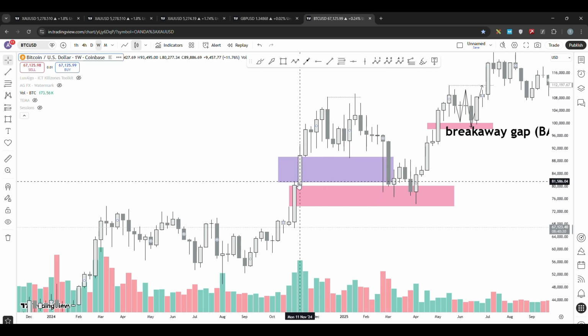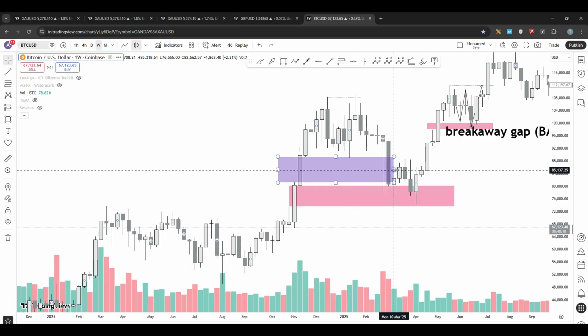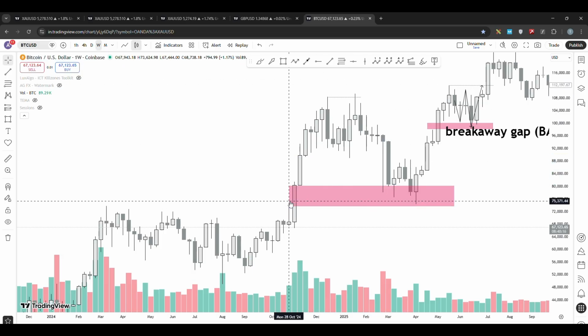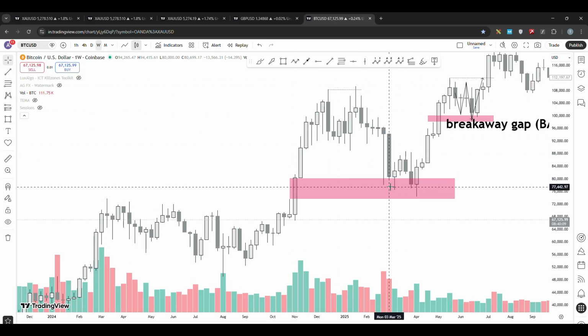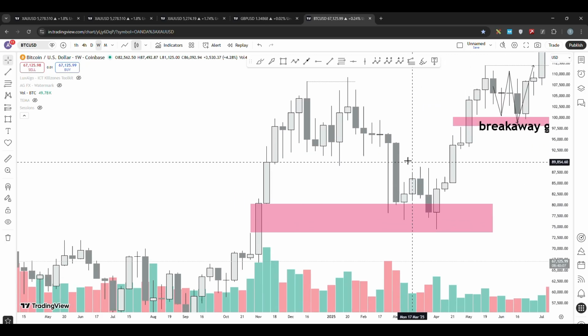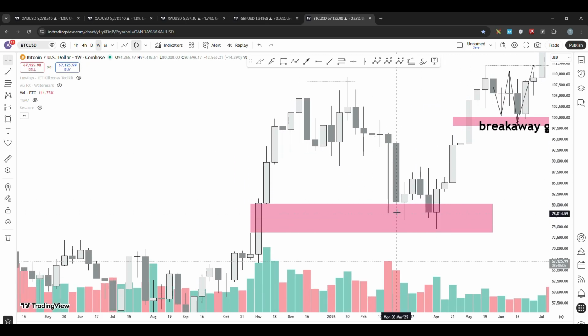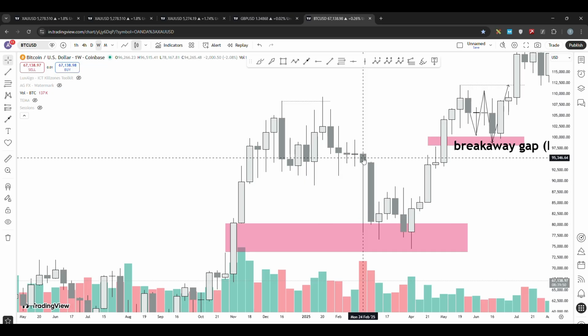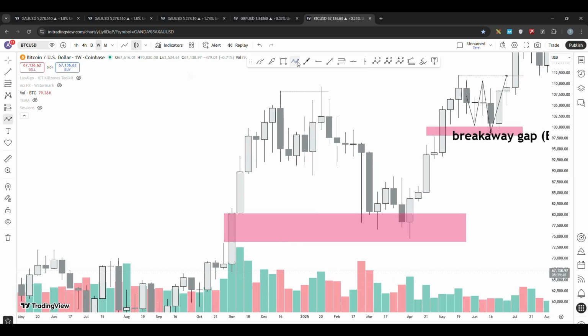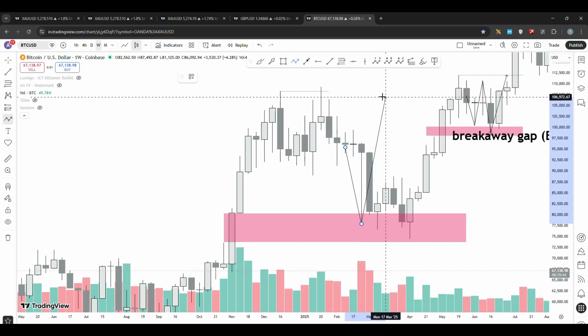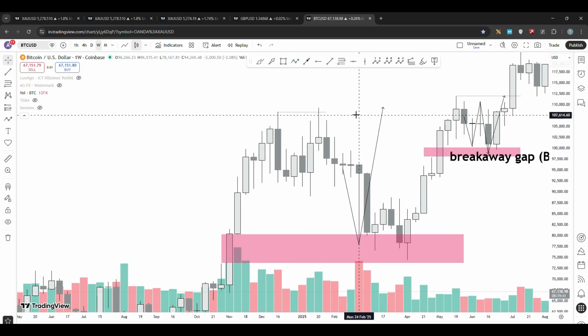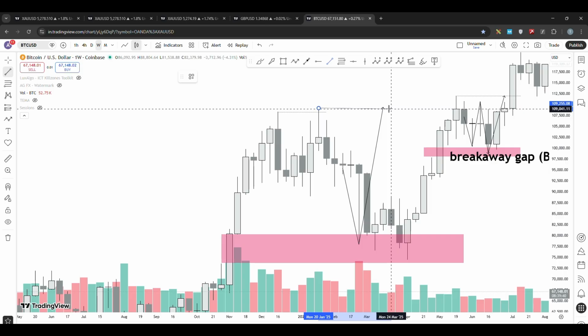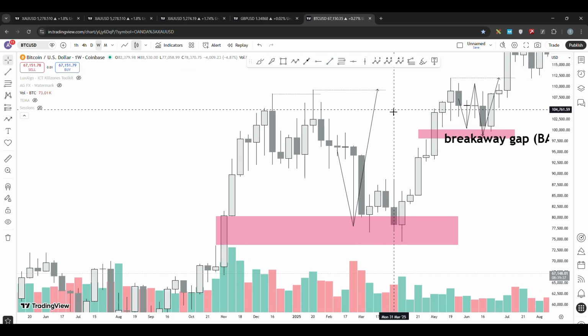Now obviously this fair value gap has already been tested. So now we'll be focused on the last fair value gap, which is going to be this zone. So what market does is market comes down, taps into this fair value gap, and gives a massive reaction from here. But according to the structure, once it tapped into this POI, it should have gone all the way up to target this liquidity, right? But market fails to do so.